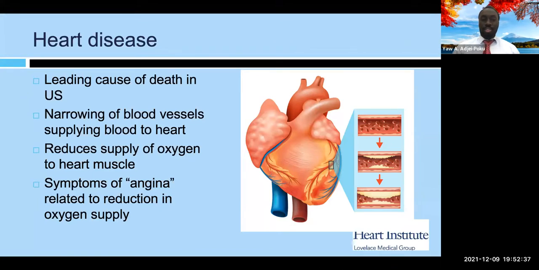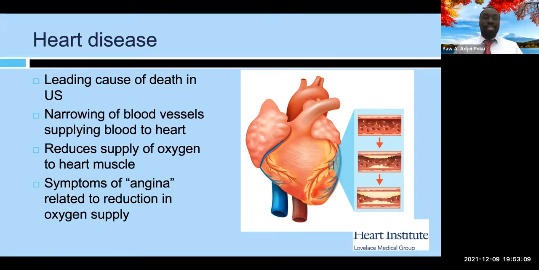So heart disease. When someone says, I have heart disease, or when you hear about heart disease, what does it actually mean and why is it so important? Heart disease is a leading cause of death in the United States. So whenever someone unfortunately passes away, it's more likely than not that the cause is heart disease. And primarily what heart disease is, is a narrowing of vessels supplying blood to the heart itself.